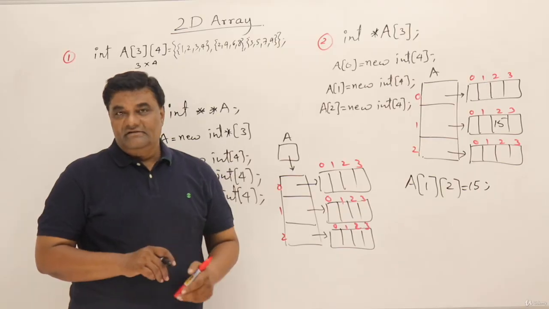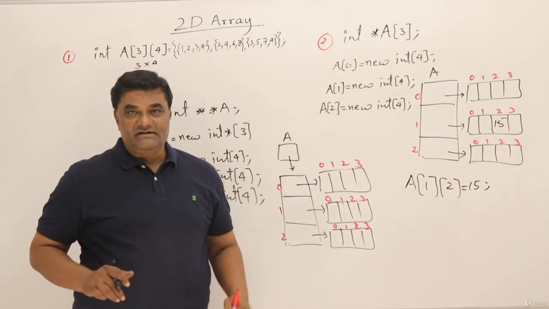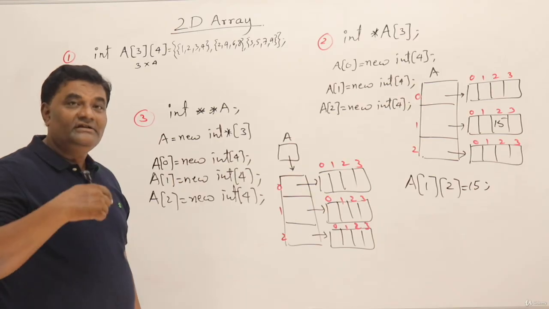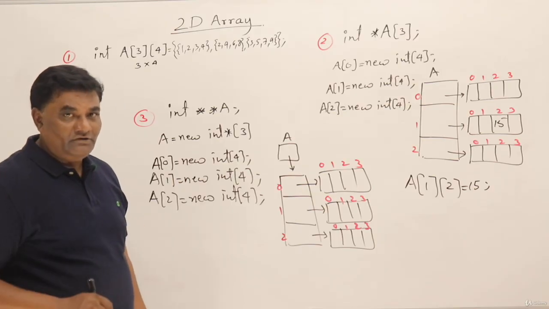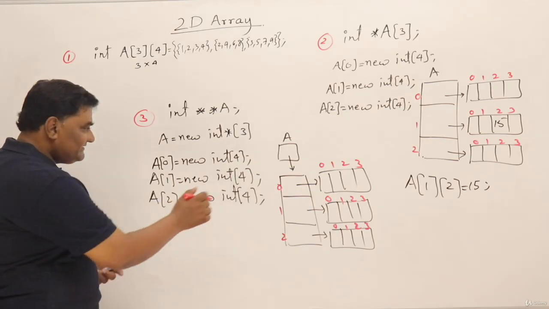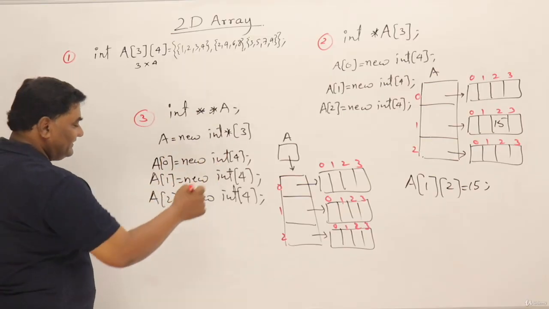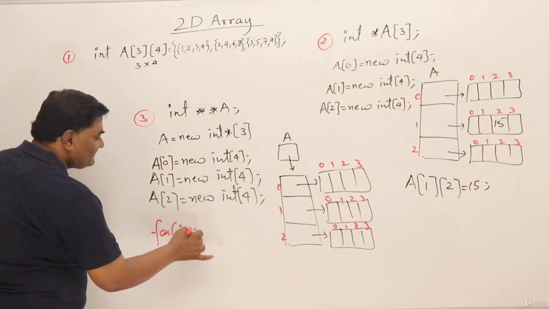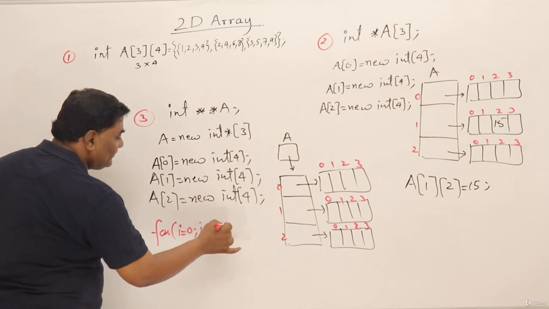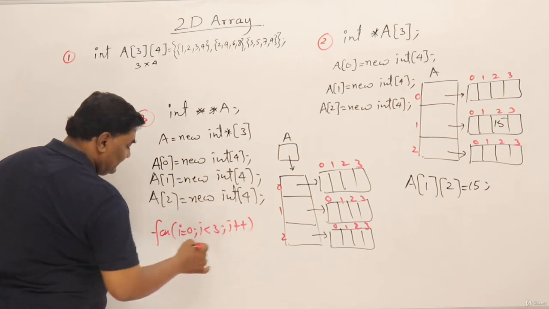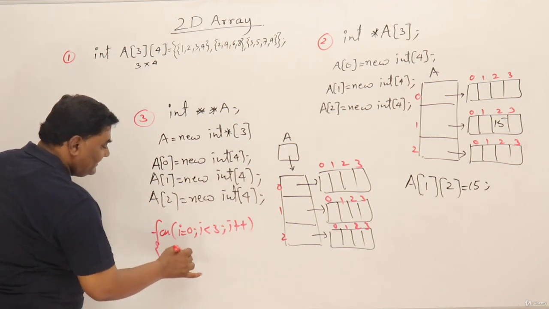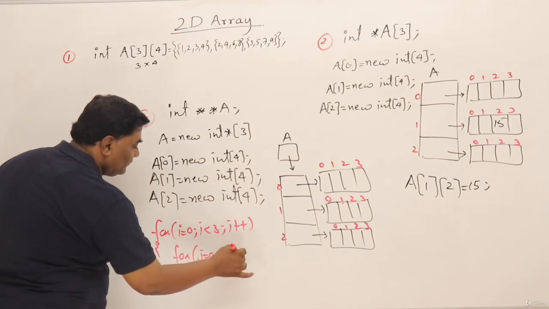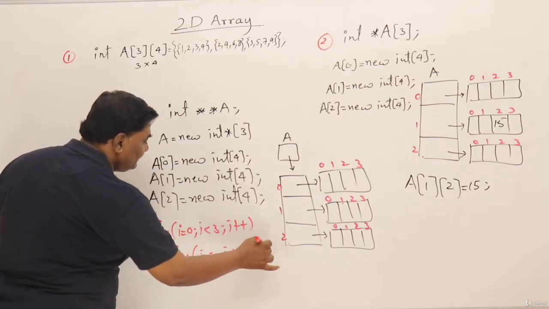Now last thing, how to access these two-dimensional arrays. These two-dimensional arrays can be accessed using nested for loops. So for accessing this array or any of these arrays, I can use index i, let us say it starts from 0, i less than 3, because there are 3 rows, and next one more inner for loop, j assigned 0, j is less than 4 because there are 4 columns, j plus plus.